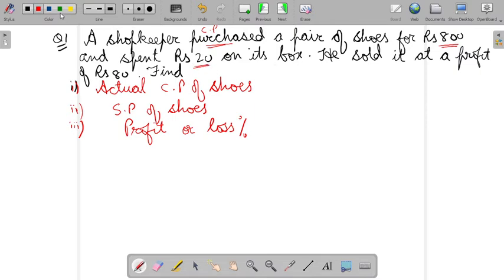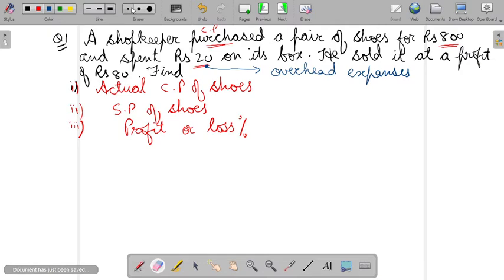Whatever extra amount you are spending, that is always called overhead expenses. So this 20 rupees is overhead expenses.